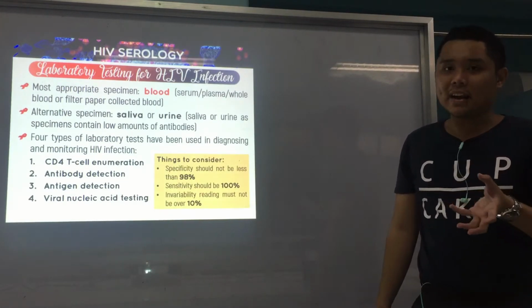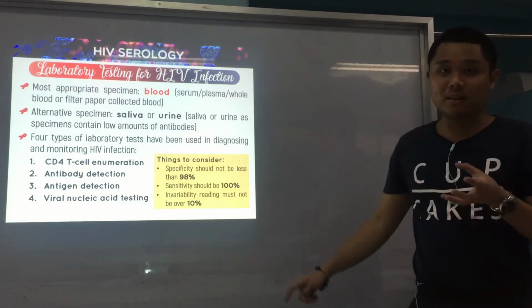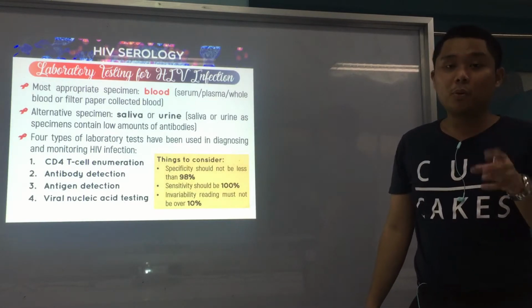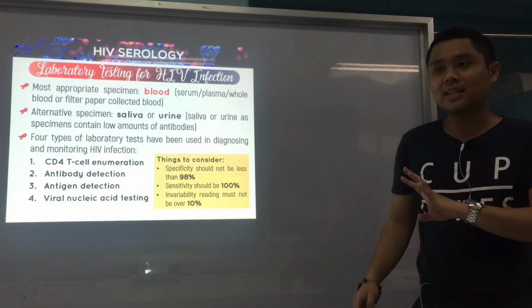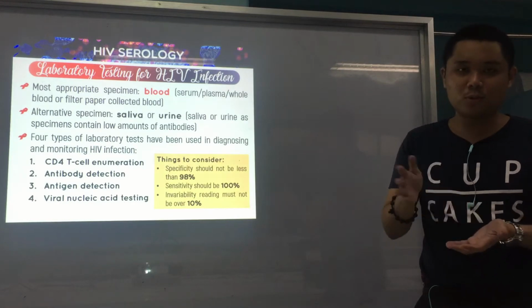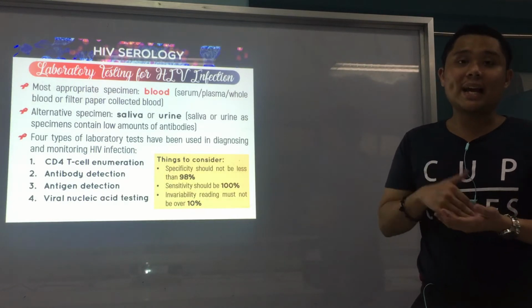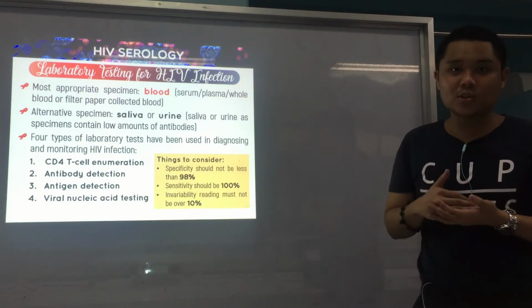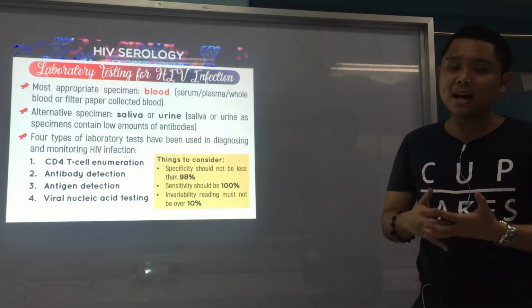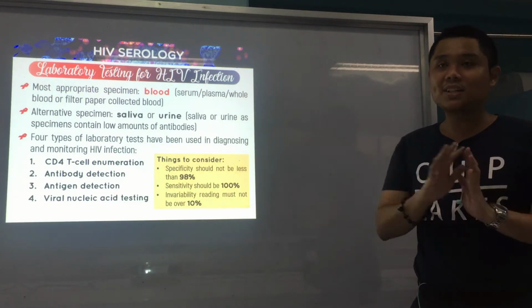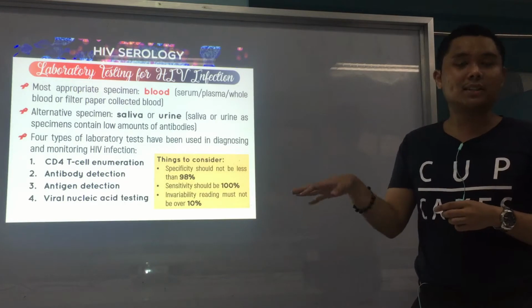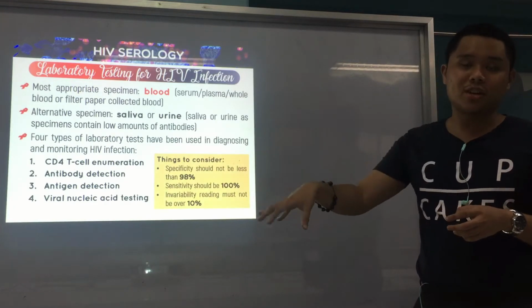Even if the specificity is not 100%, it is still high, but we want to make sure that the test is sensitive, so that even at a very low concentration it can still be detected. Early diagnosis of HIV is very important so it can be treated right away and not progress to the late stage, which is AIDS.